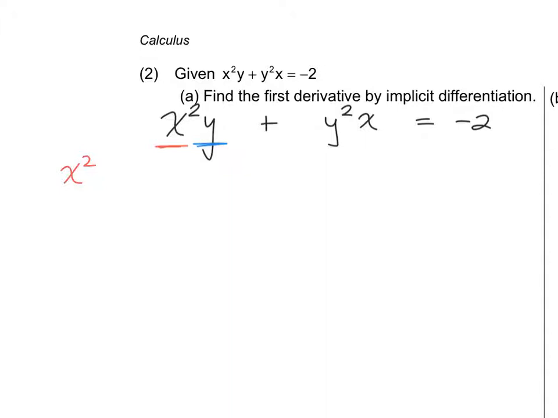The derivative of y would normally be a 1, but because it's a y, we multiply by dy dx. You're basically asking yourself, if that y was an x, what would its derivative be? 1, but it is a y, so I have to multiply by dy dx. Plus my second function, y, times the derivative of the first, which is just 2x.